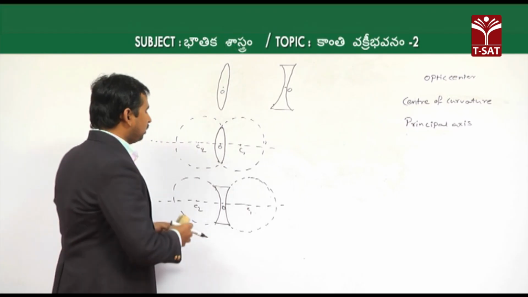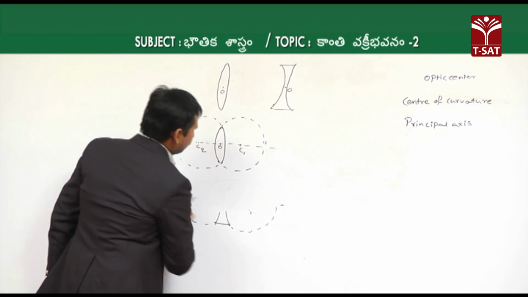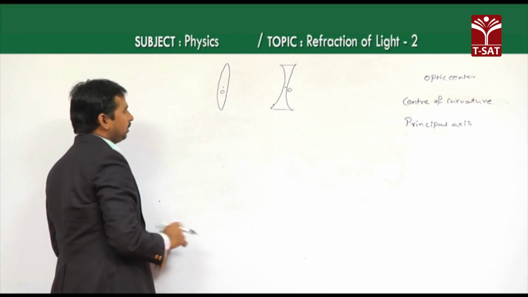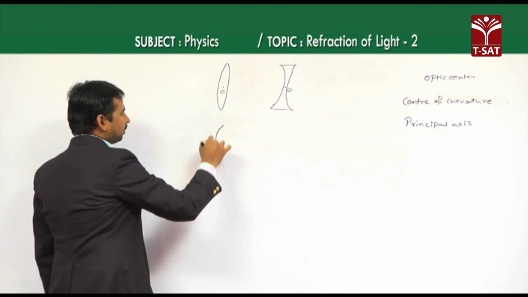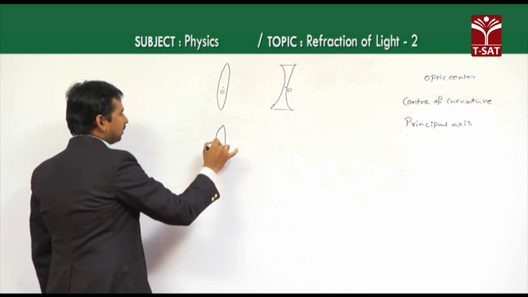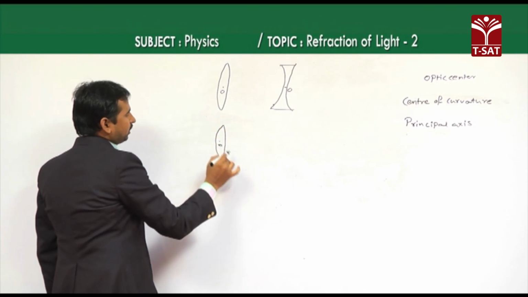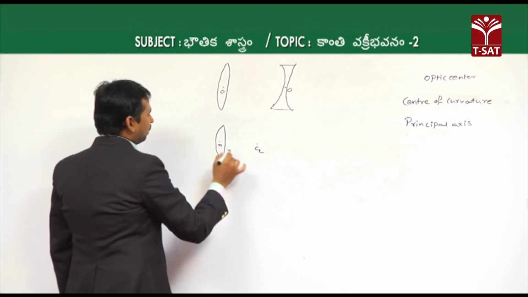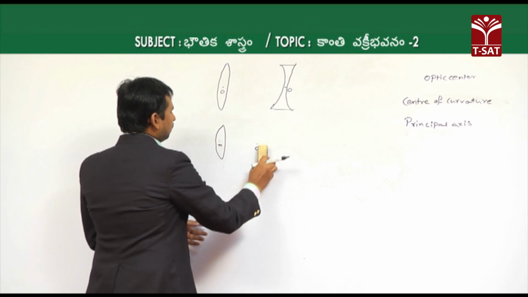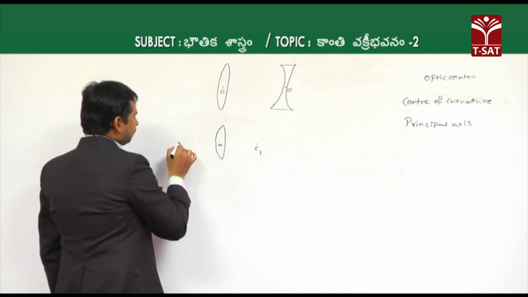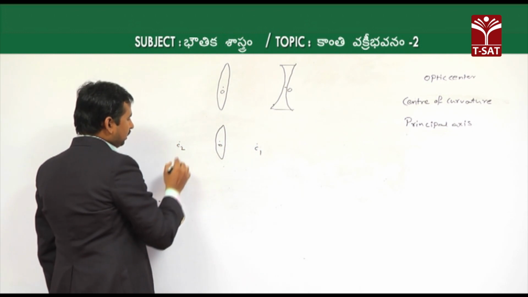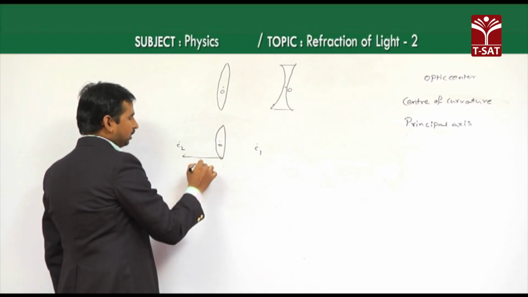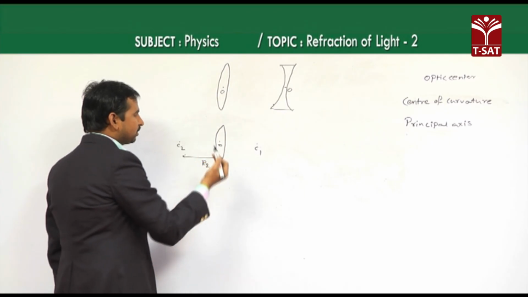Now we will see the distances. When you take a convex or a concave lens, with C1 on this side and C2 on the other side, the distance from the optic center to the center of curvature is called the radius of curvature.